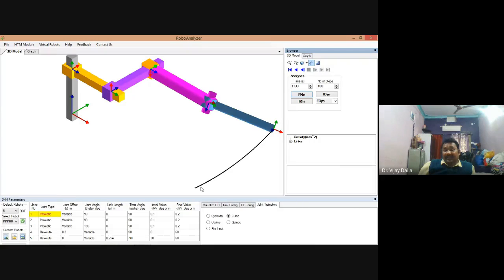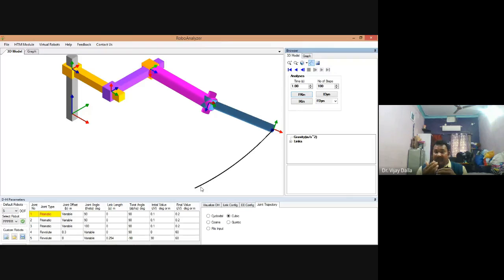Forward kinematics is, for the given joint inputs, what will be the robot tip position and the orientation. What about the inverse kinematics? Now, we need to think in the reverse way. Earlier, the inputs were the joint angles or joint offsets, and the outputs were the robot tip positions.